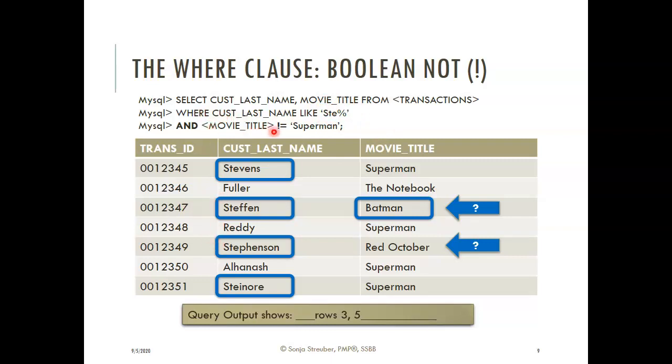But the movie title cannot be Superman, and here we are connected with an AND operator. And here, row 3, Stefan is watching Batman, and Stevenson is watching Red October. So these are the only 2 rows here that satisfy this condition.